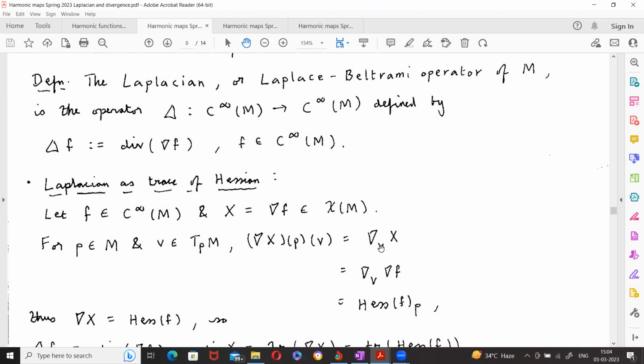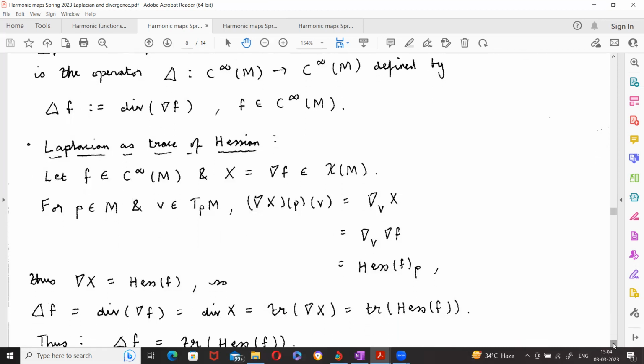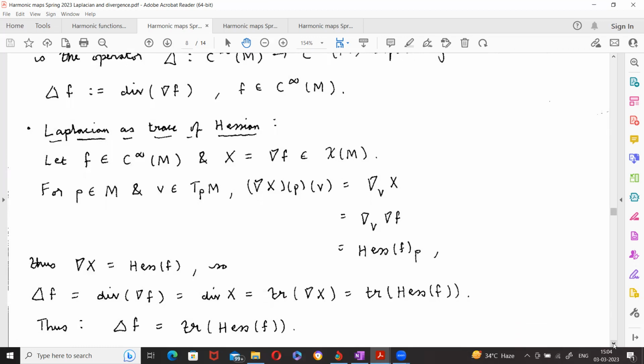This is nabla sub v of x, that is nabla sub v of grad f. That by definition is Hessian f applied to v. There's a typo here, there should be a v. So this linear map nabla x is nothing but the linear map Hessian of f, by definition of the Hessian.